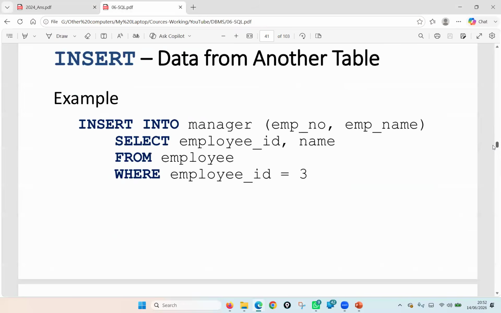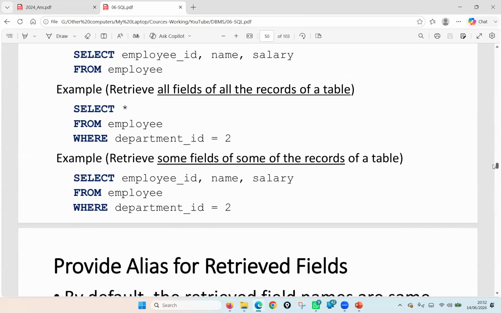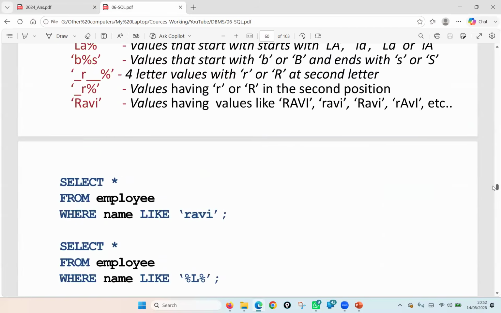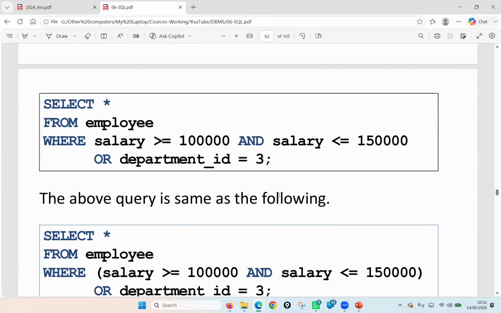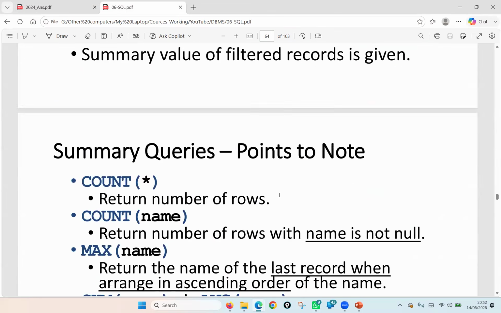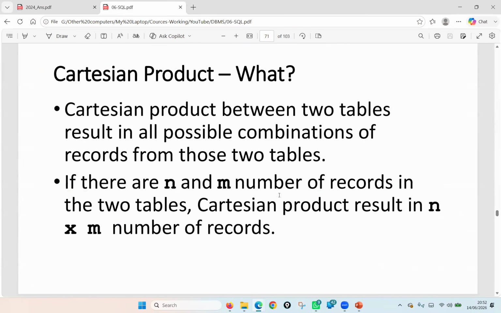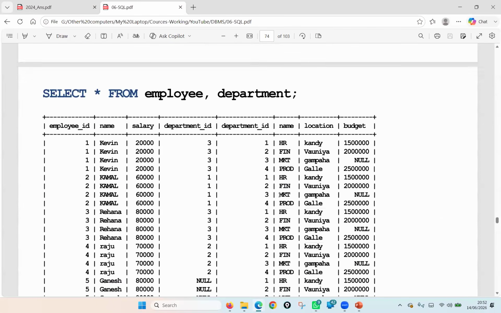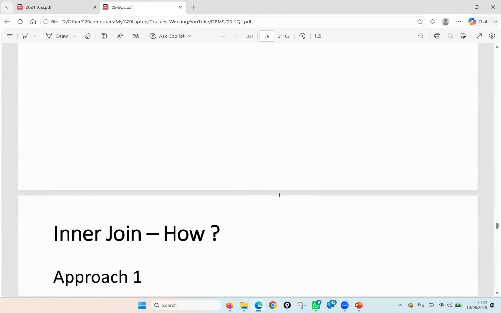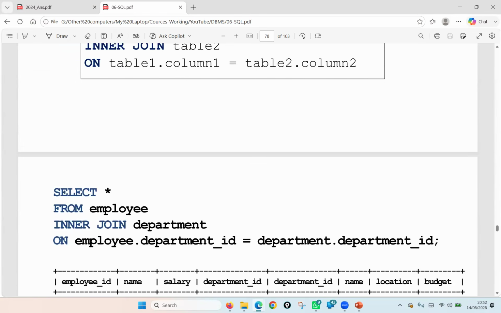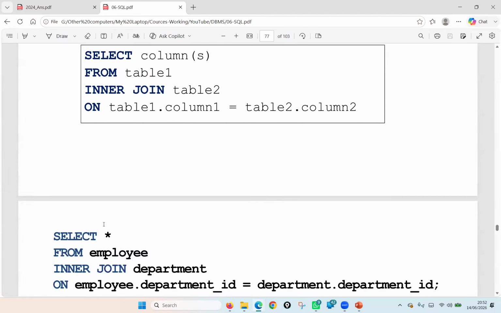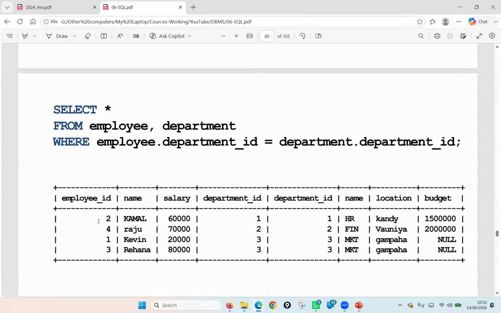Okay, let's look at inner join. We wrote inner join. We never wrote just join anywhere.